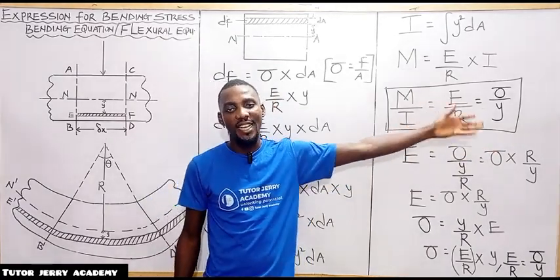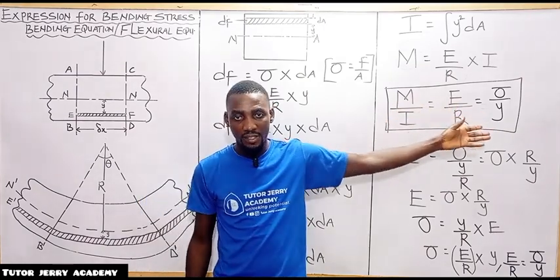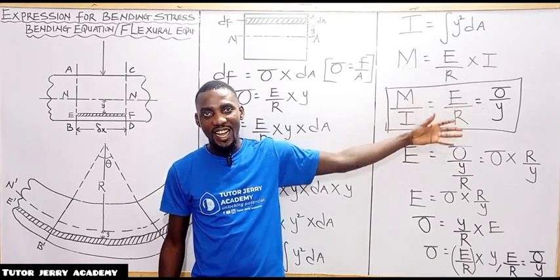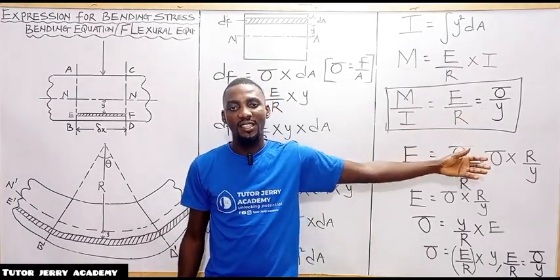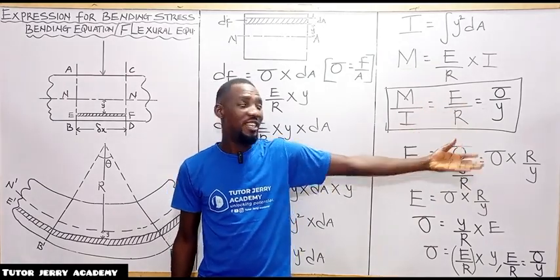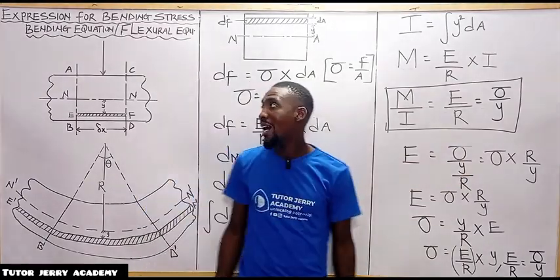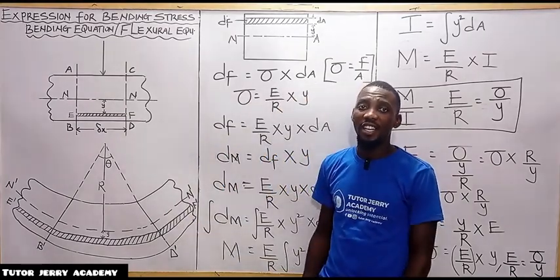The distance of the layer in which the bending is considered from the neutral axis. So take note of that. And the unit can be what? Millimeter, or it can be in meter. All right, so this is how to derive this flexural equation.